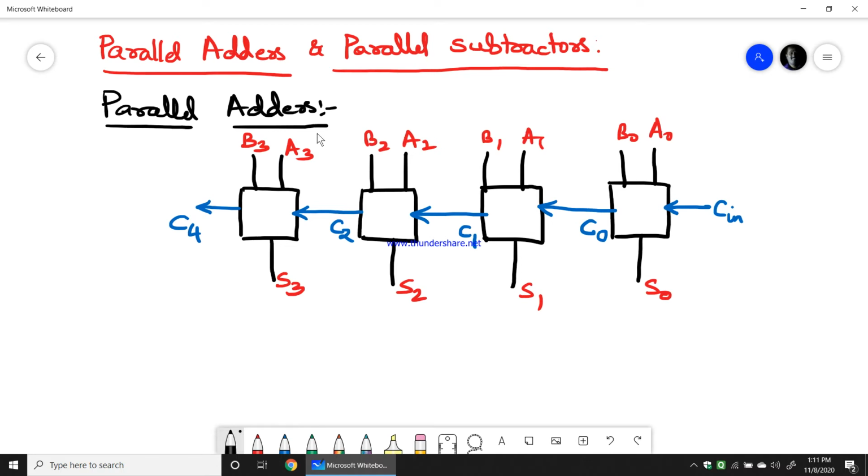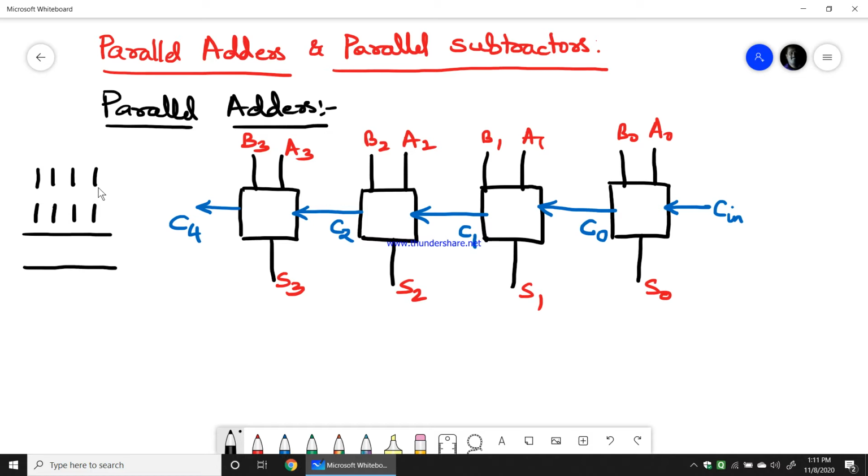Now let me see which are full adders and which are half adders in these blocks, which work together as a parallel adder. As I said, the parallel adder is an addition of 4 bits. So let me write that. Think, for example, I have 4 ones and another 4 ones. Now in this first bit addition, 1 and 1, we don't have any carry coming in, right?